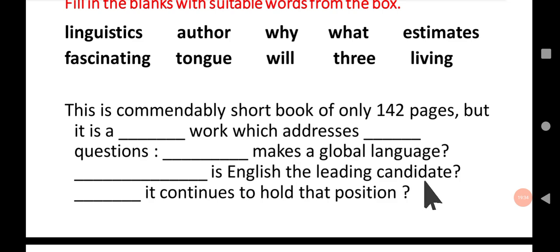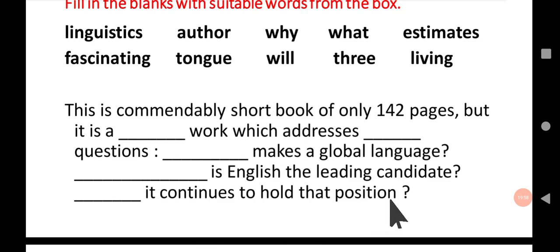Why is English the leading candidate? That is suitable. Next one, dash it continues to hold that position. Will it continues? Okay, can we go with that? Will it continue to hold that position? Not continues, that is continue. In the textbook also it is given as continues, but that is not the correct one. You have to remove the S. Will it continue to hold that position?